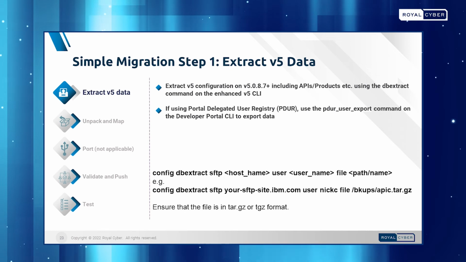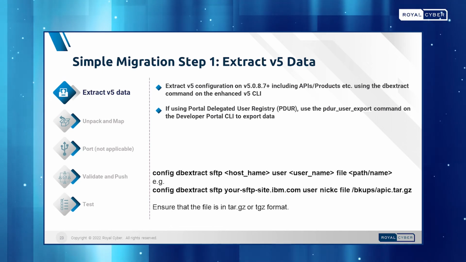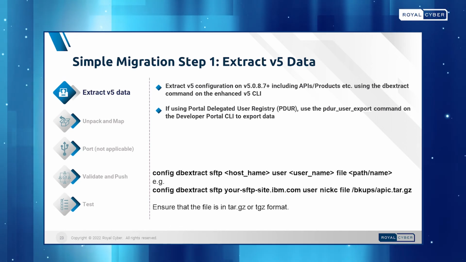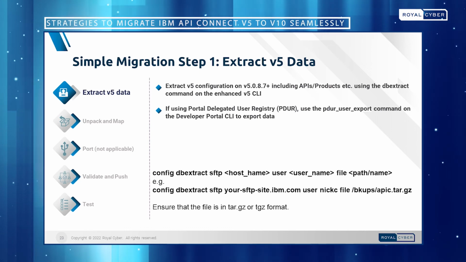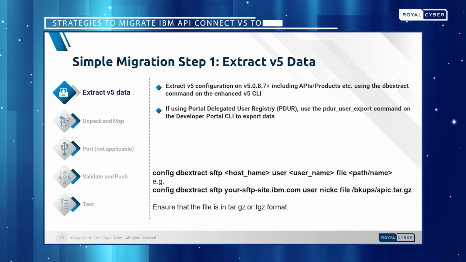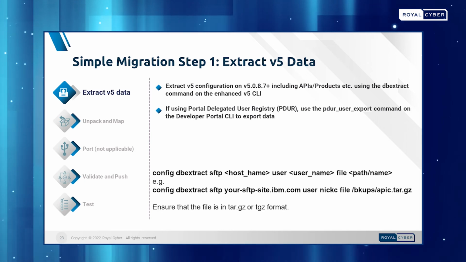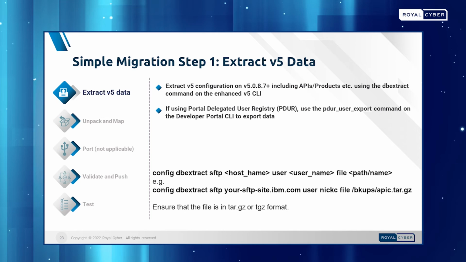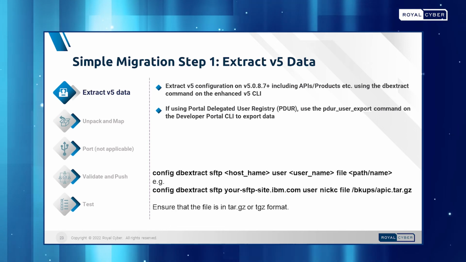So moving on, the actual migration largely involves 3 steps. The first step is to install your target V10 system. You've got to have a running version 10 environment, and take a backup of that environment.